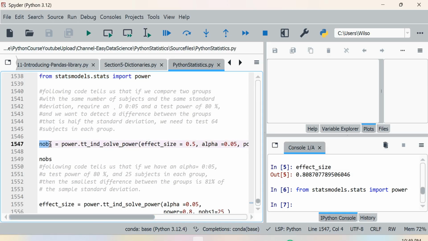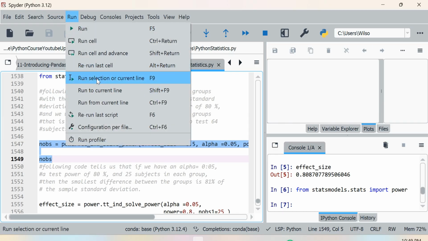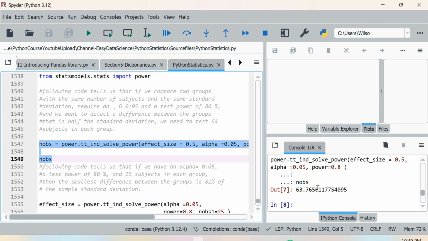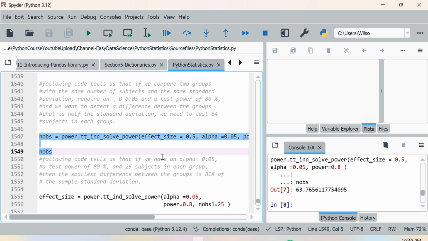Then we can use this function with all the other 3 pieces of information as input. So the minimum sample size required is about 64 for each group, because here we compare group to group.